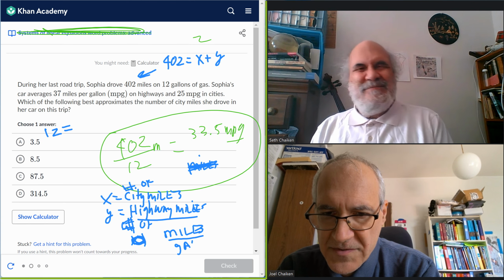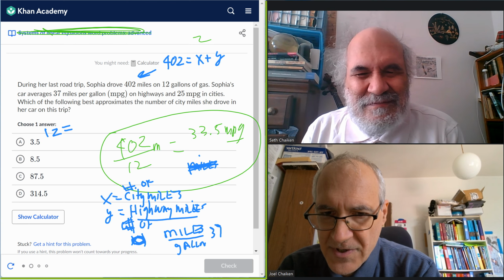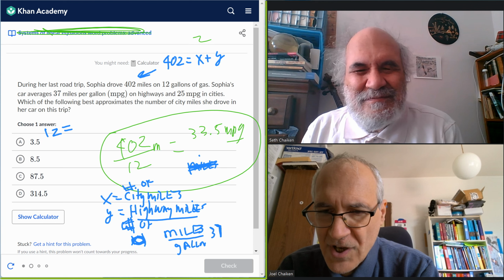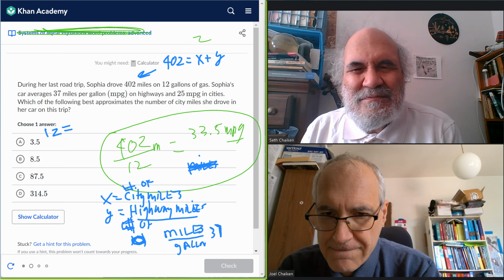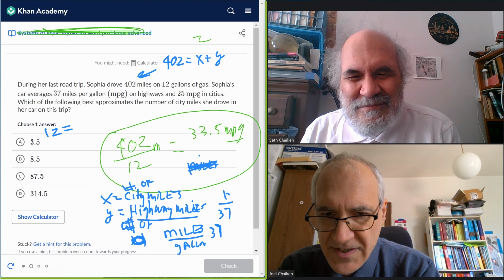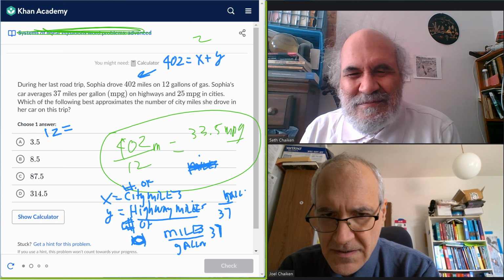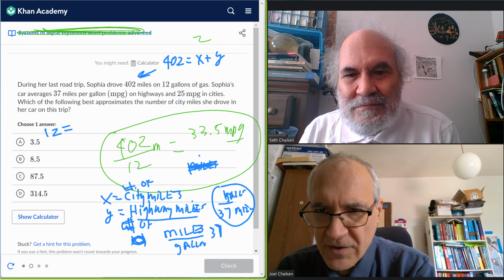We know that there are 37 miles per gallon, but it's 1 over 37. It's gallons per mile. So the ratio is 1 over 37.